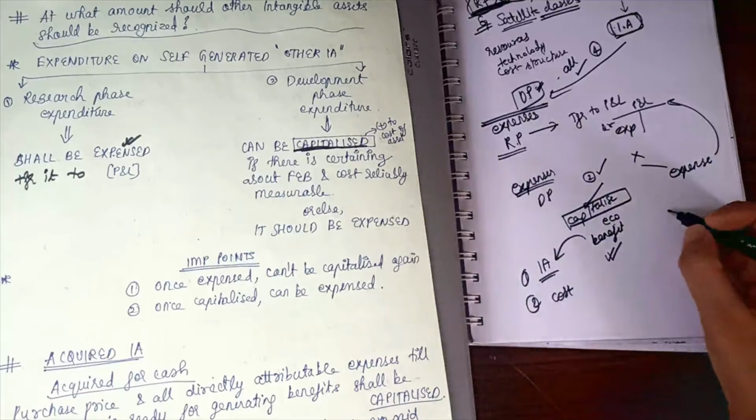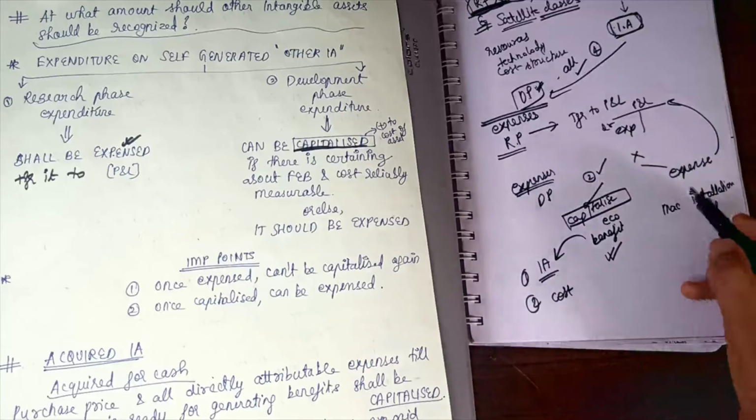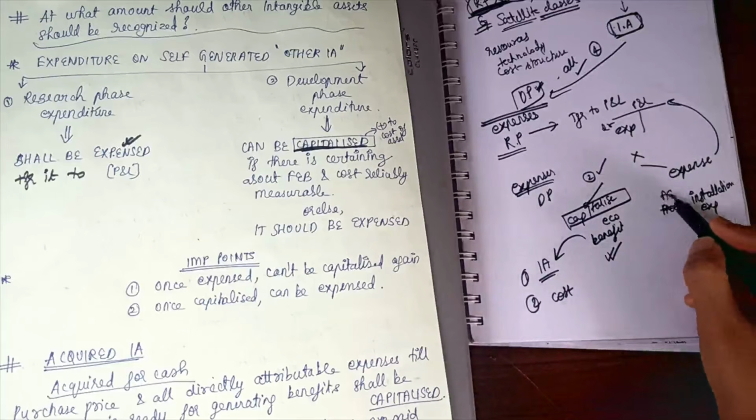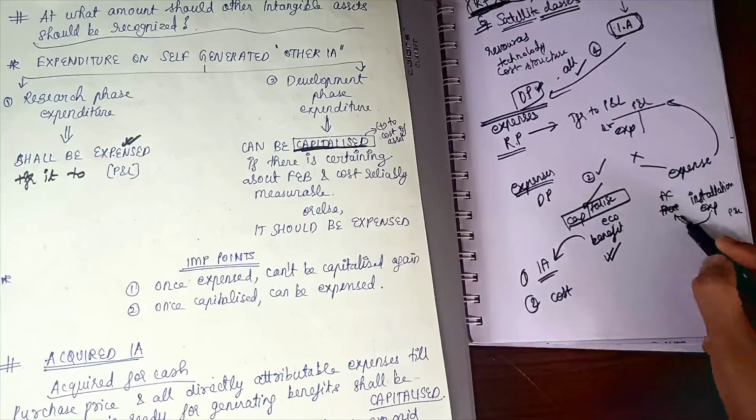Example, if you have a machinery, okay, and you incur installation expenses for the machinery to be installed in your entity, okay, or you have an AC. For the AC to be installed in your home, you incur some installation expenses. Okay. So these installation expenses, you will not put in the P&L account. You will add them to the cost of the asset, right?